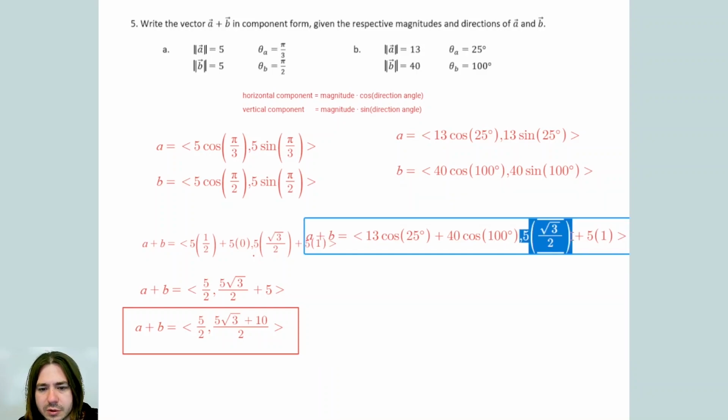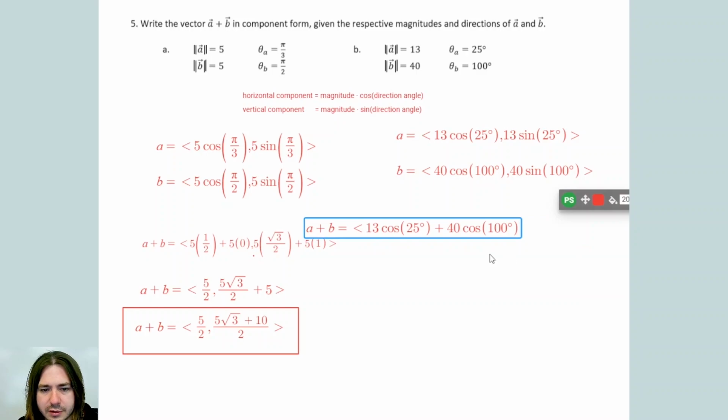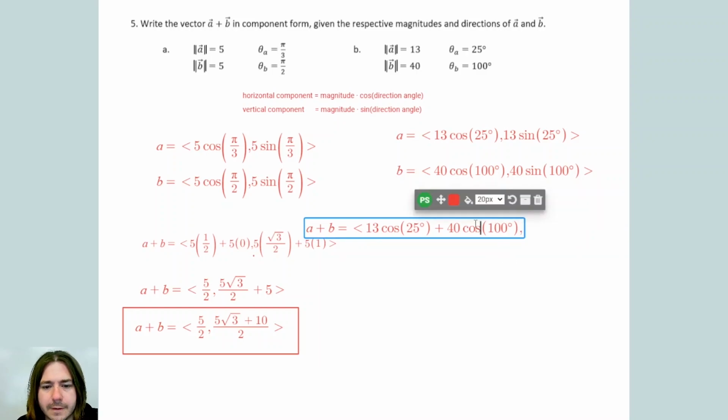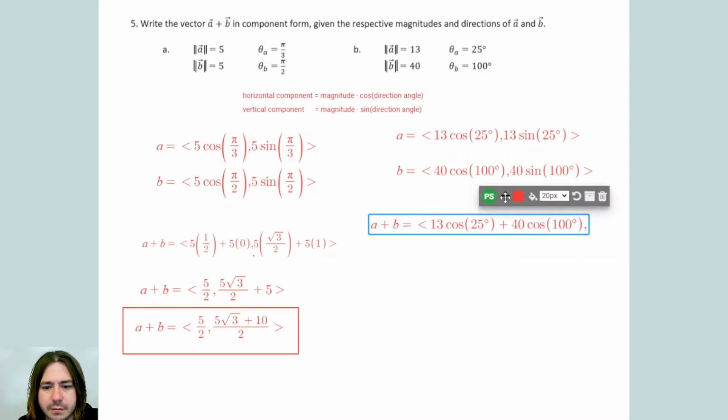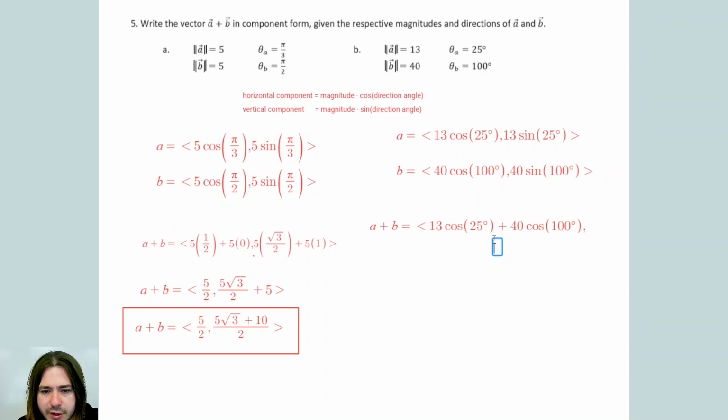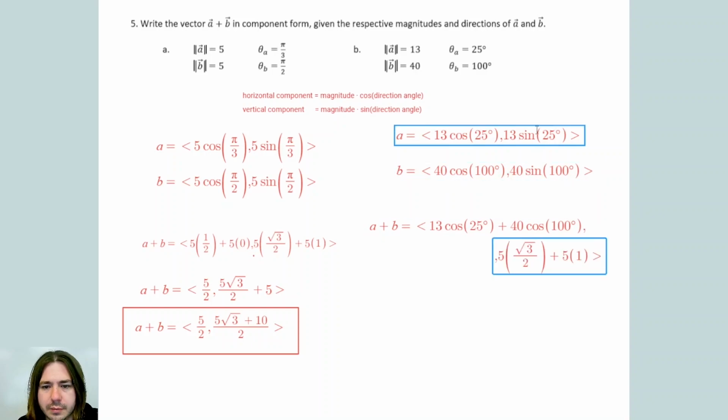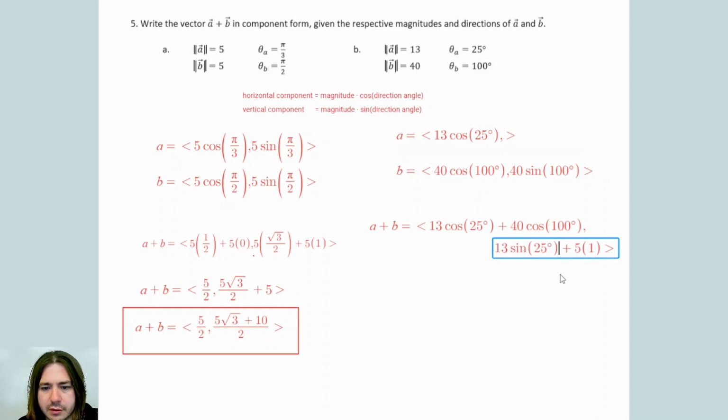Yeah, this is going to be too much to fit on there. So that'll be the first component, and then the second component, which I'll just continue kind of down here, is going to be 13 sine 25 plus 40 sine 100.